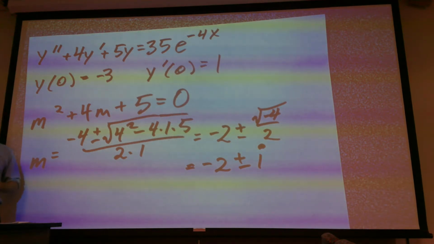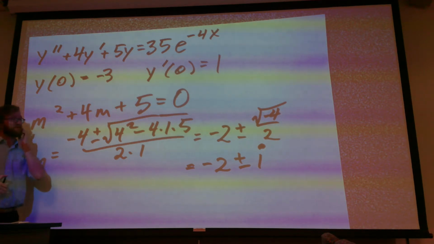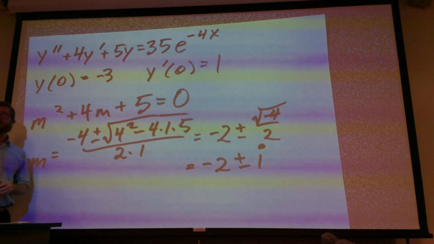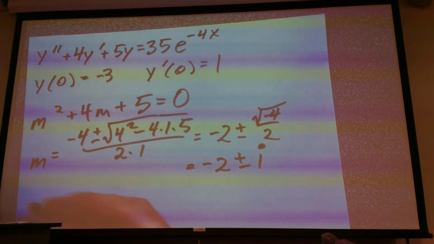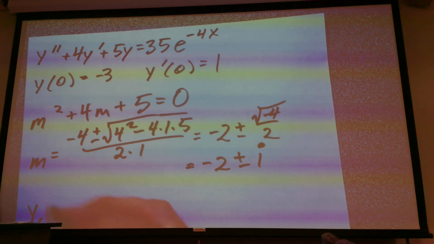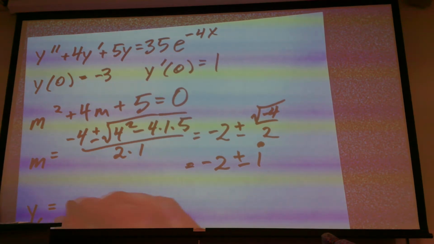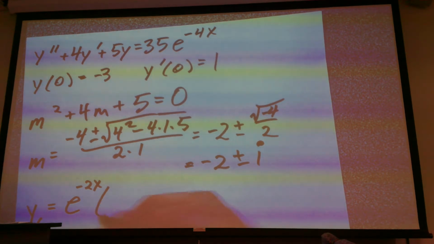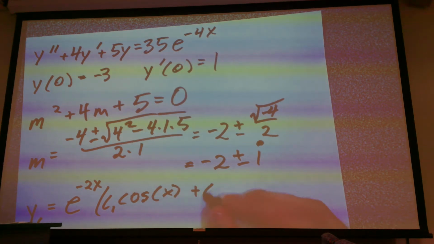Okay, so we're getting into the complex realm at this point, but remember, when we go into the complex realm, we just end up involving sines and cosines because of Euler's formula. So the y sub c that we're looking for is e to the minus 2x, that's the real portion of it, multiplied by c1 cosine of x plus c2 sine of x.